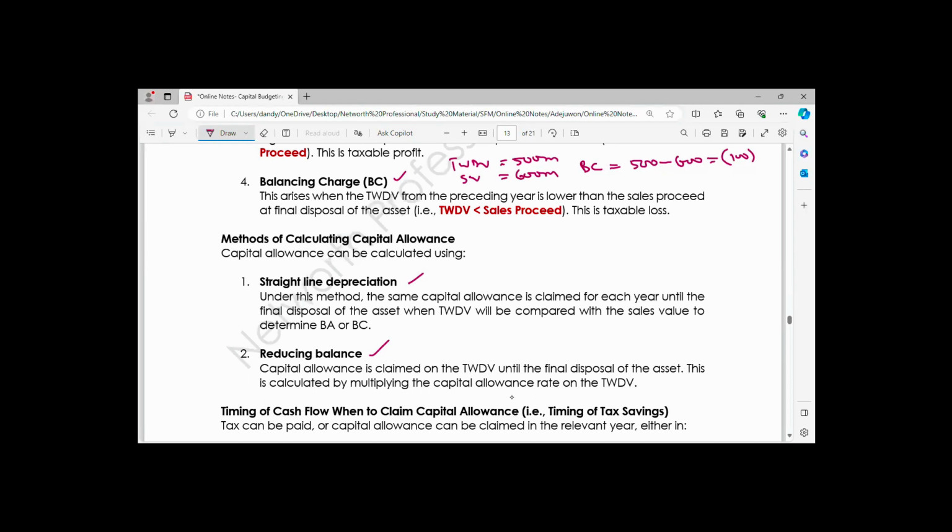So these are the things you need to know under methods of calculating capital allowance.